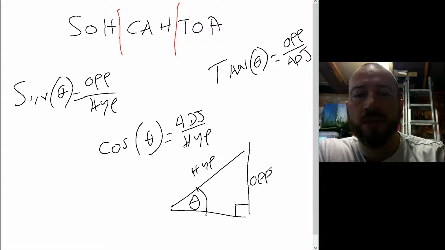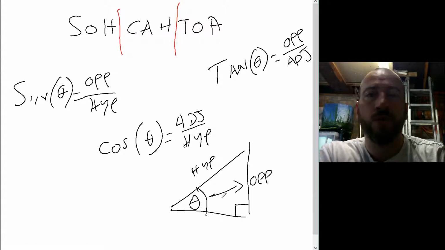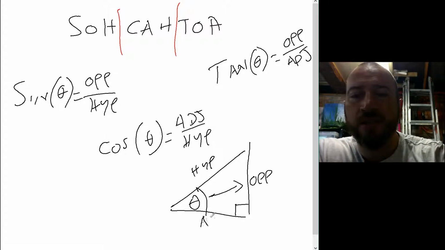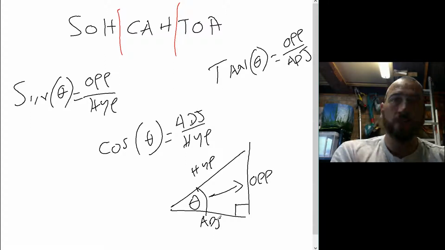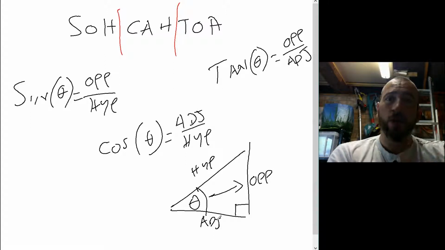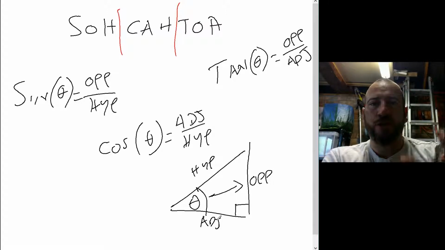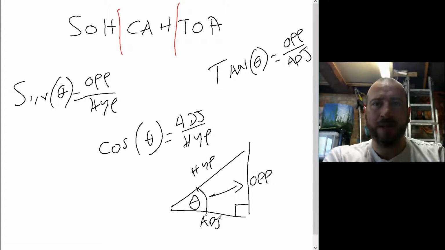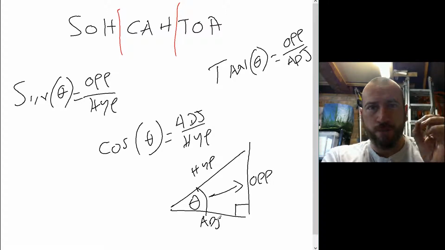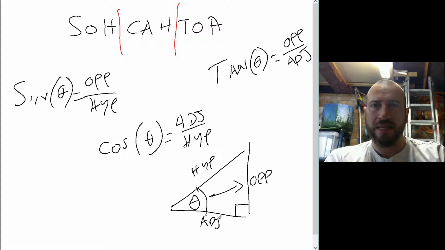Opposite is this side, which is opposite to the angle. And adjacent just means next to. Right, adjacent to, it's next to the angle. So there's our triangle. That's how they all fit together. Make sure you can break that down just like that for anybody who ever asks it of you.